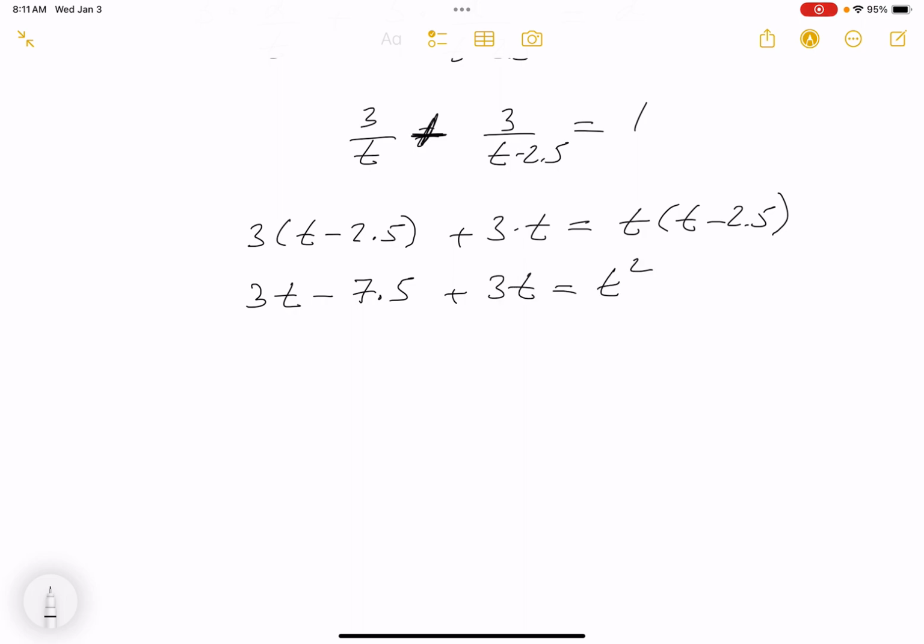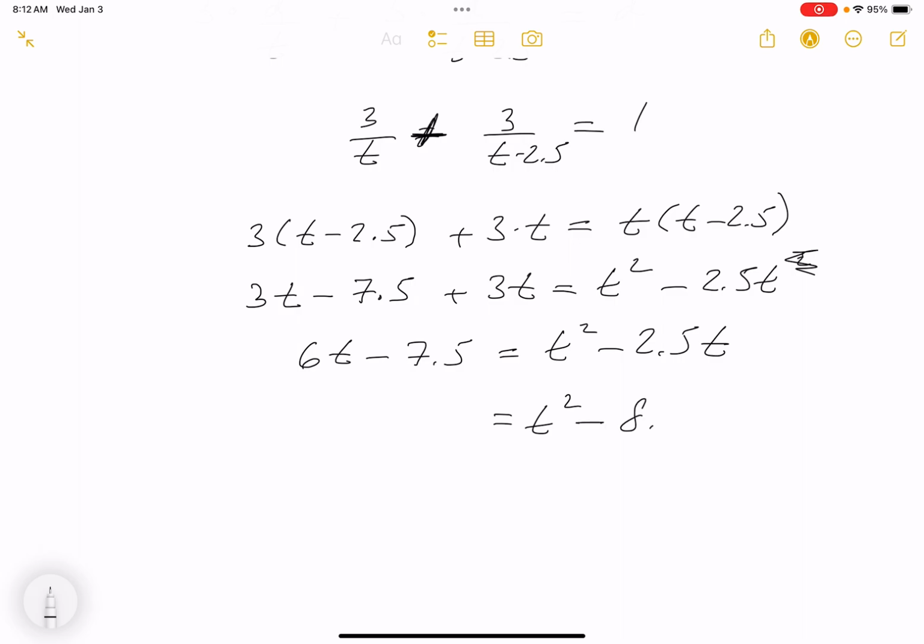This is going to be T squared minus 2.5T. All right, let's keep moving. And you're going to get 6T minus 7.5 equals T squared minus 2.5T. Let's keep going. T squared minus 8.5T. I subtracted 6T from both sides, and plus 7.5.